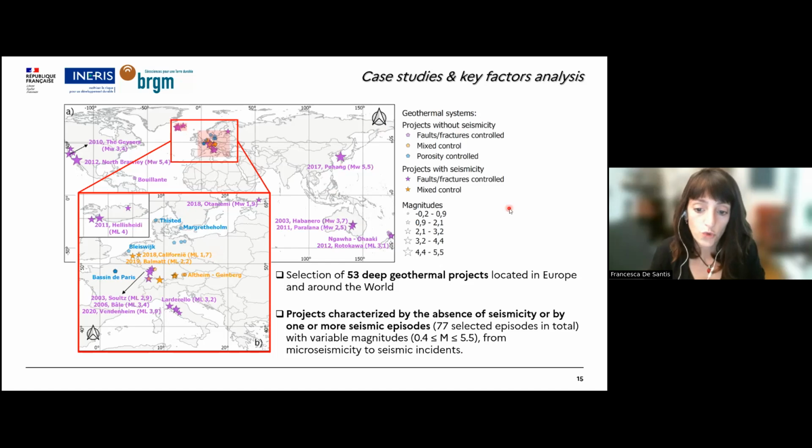And we have chosen these projects in order to include projects for which seismicity has not been observed. So some of these projects are not related to induced seismicity, while others can be characterized by different episodes of seismicity with variable magnitude. So we can have microseismic events as well as seismic incidents.